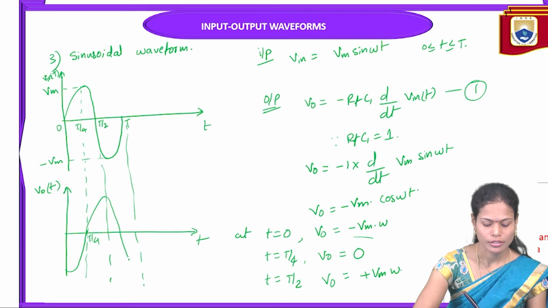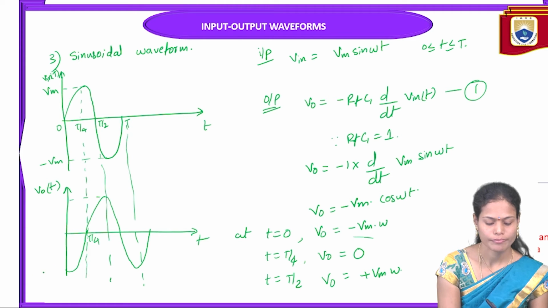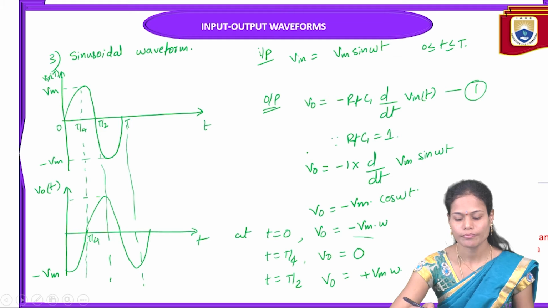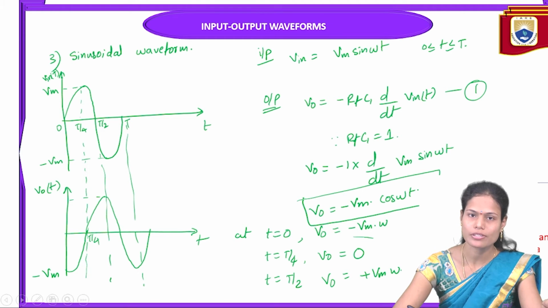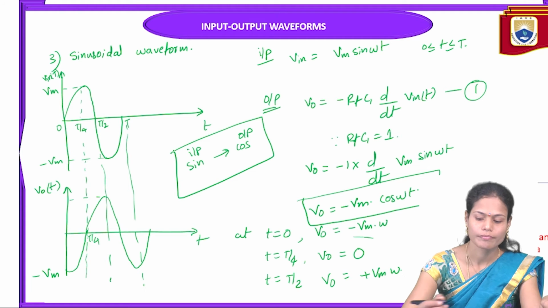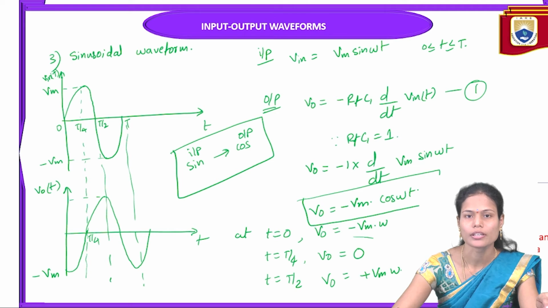It will repeat for all the cycles. So in the case of the differentiator, when you provide the sinusoidal signal, we will get the output as the cosinusoidal signal. So these three are the different input signals and their corresponding output signals when we apply them to the ideal differentiator circuit.